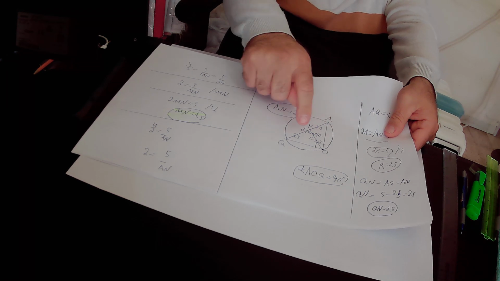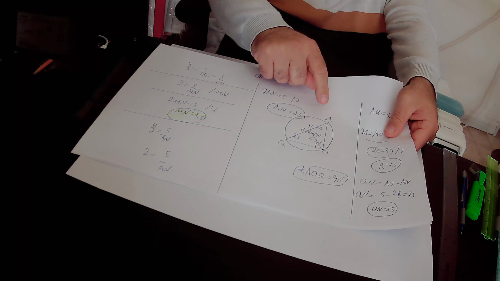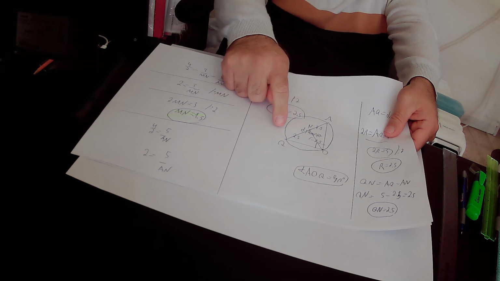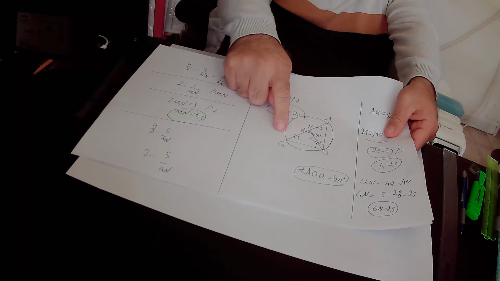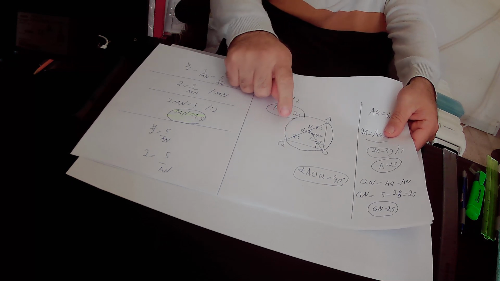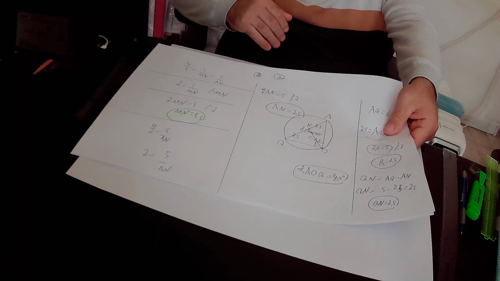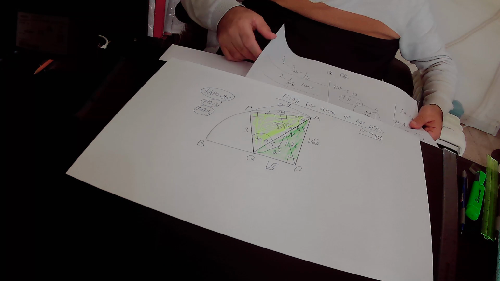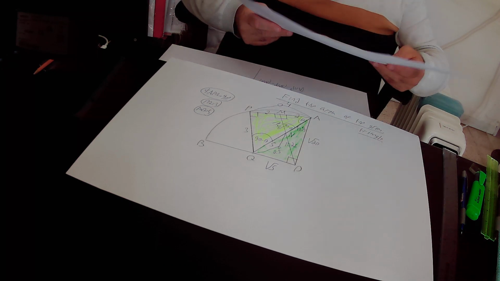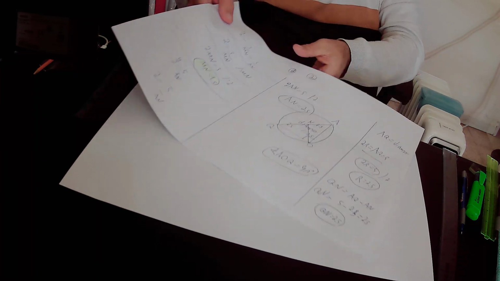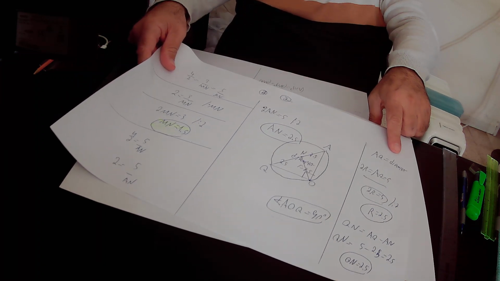Peripheral angle AOQ equals 90 degrees, and it rests on AQ. Therefore, AQ must be the diameter of the circle according to rule number 5. So here, AQ is the diameter of the circle.